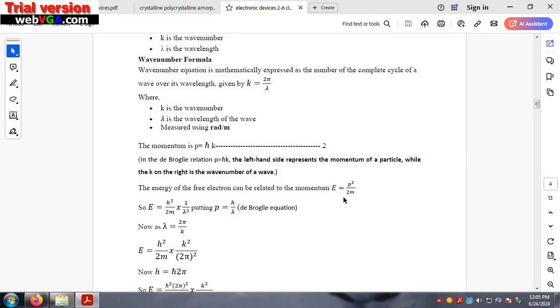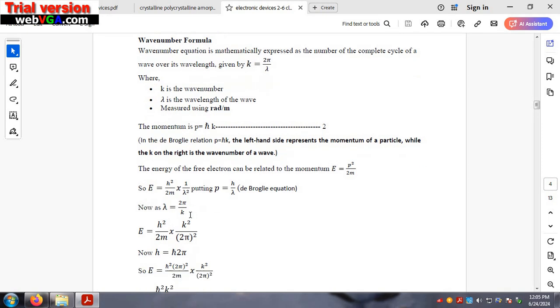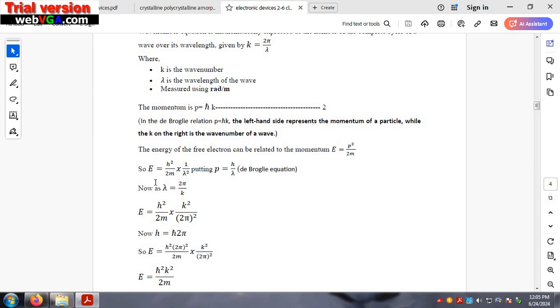If p equals h by lambda from the de Broglie equation, then replacing the value of momentum, p square becomes h square by lambda square. So ultimately we get E equals h square by 2m into 1 by lambda square.